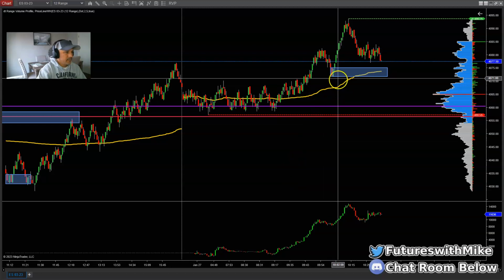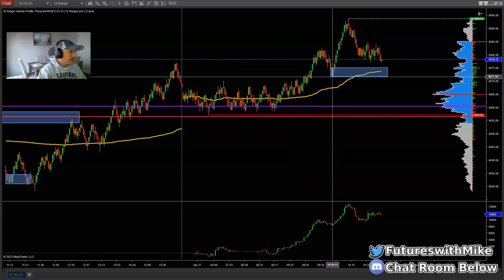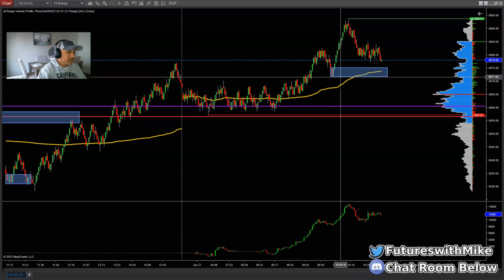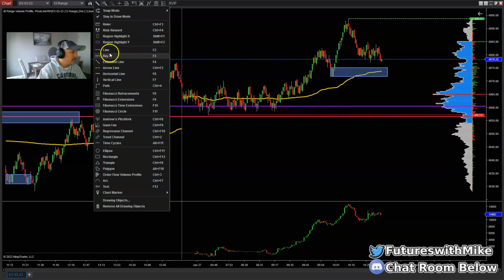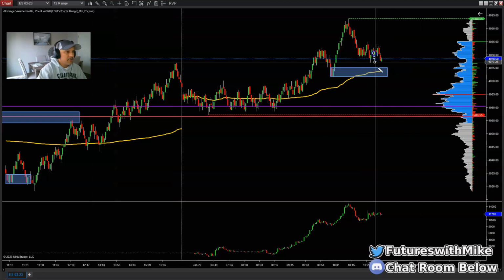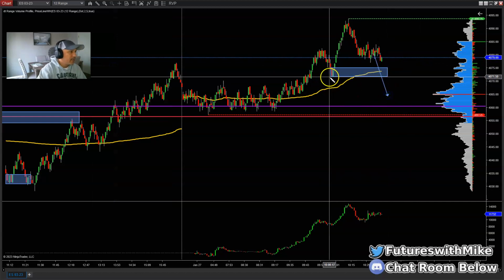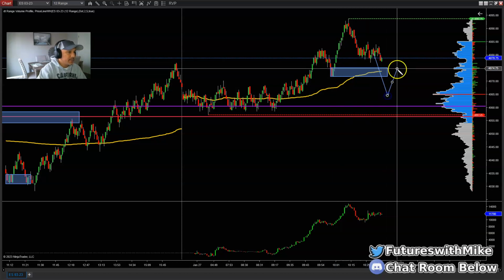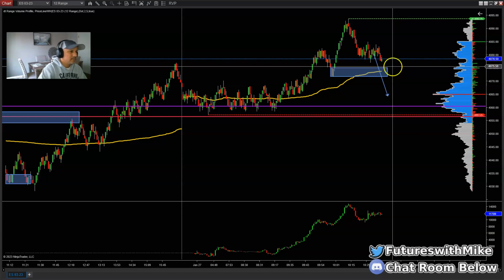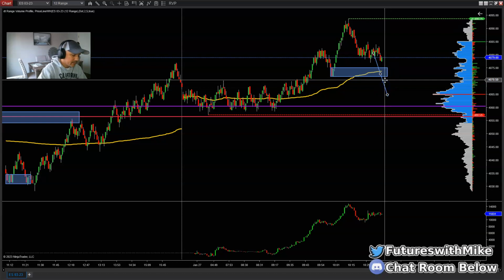If it breaks through this area right here, then that's a break of structure to the downside. If the market breaks through this box, the lower end of where this low is, then that's a break of structure, and I'll be looking for a pullback to some area of supply to go short. I mean, to go short, not long. Sorry about that.